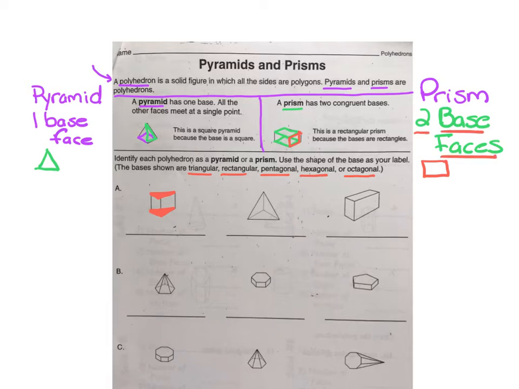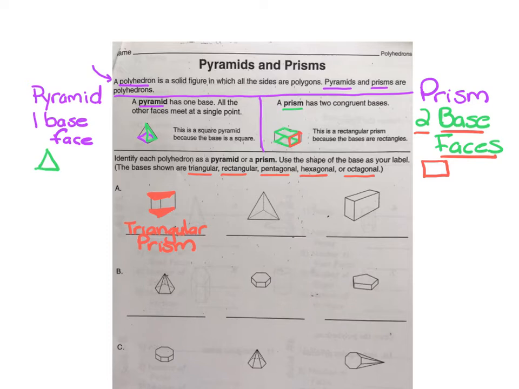Well, this is a prism. But what kind of prism is it? Well, since the base on the bottom and on top are triangular, you would label this a triangular, please write this down, prism.